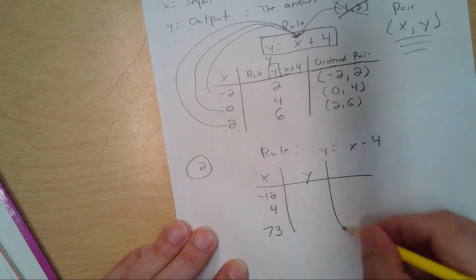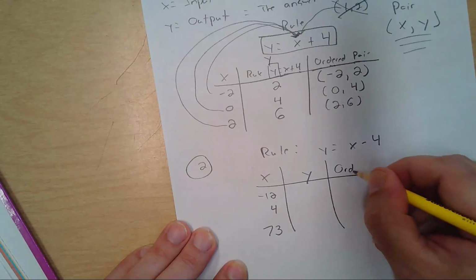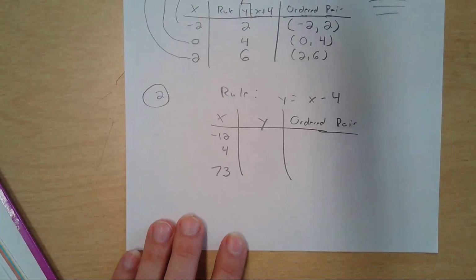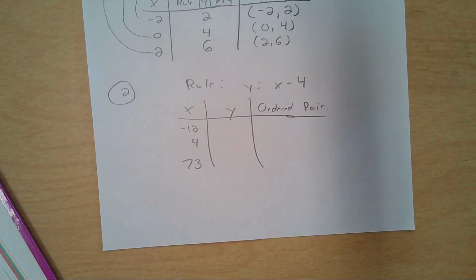I want to know what my y values are, and I want to know what the ordered pair is. So complete the table. The best way to complete it is just to write it out, right?